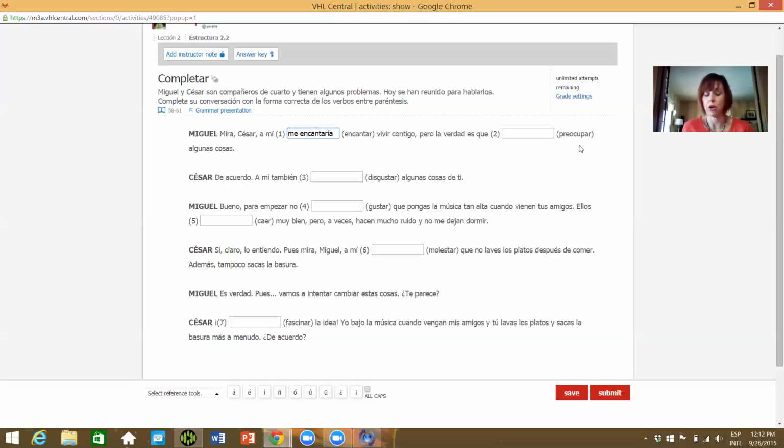And who's our object going to be? It's going to be me again. So, a mí me encantaría vivir contigo, pero la verdad es que some things worry me. So I want you to conjugate the verb and put in your indirect object pronoun.